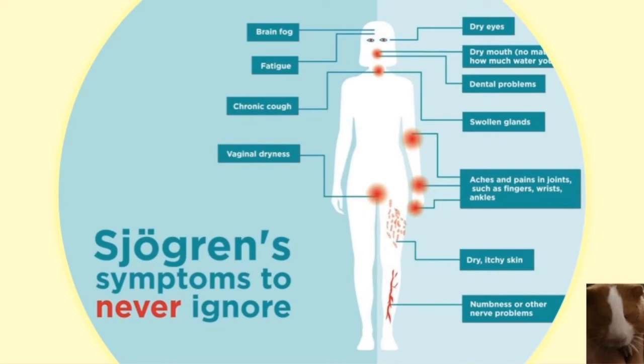In this kind of syndrome, it attacks the glands that make the tears and saliva. Since we are talking about dry eyes, it may possibly attack the glands that produce your tears and your saliva. So that's why it's one cause of your dry eye syndrome.